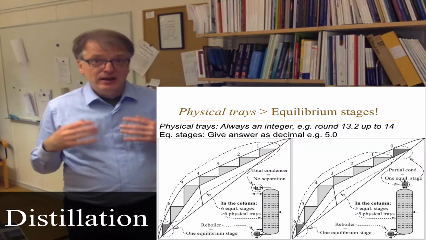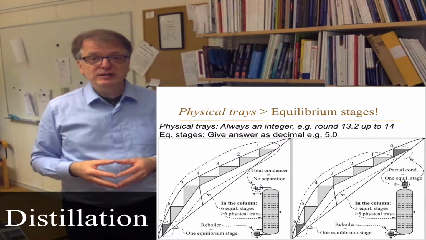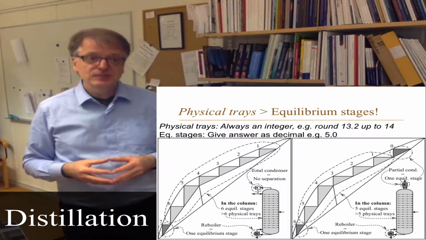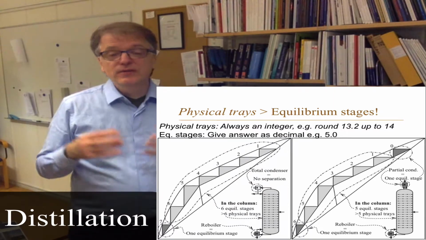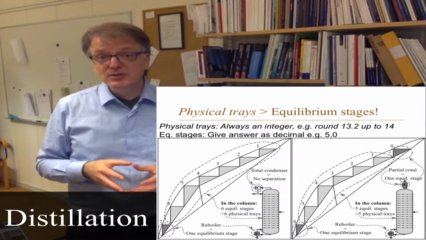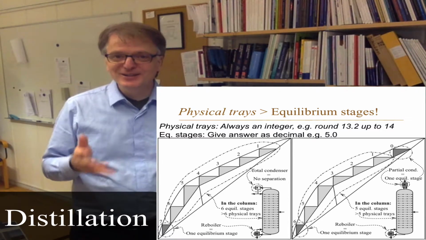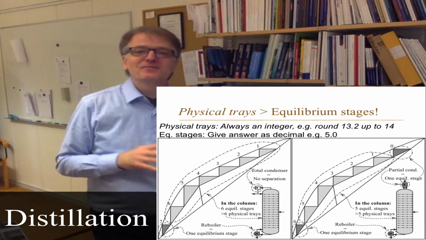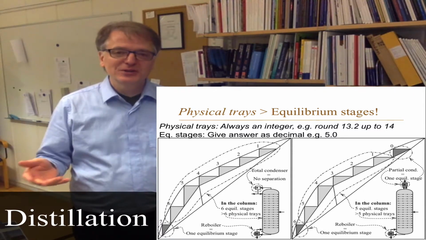Then we also talked about physical trays and tray efficiency. You always have more physical trays than you have equilibrium stages. On an exam, if I ask for equilibrium stages, you should answer with 1 decimal, so I understand that you understand that with equilibrium stages you can have 0.2, for example.